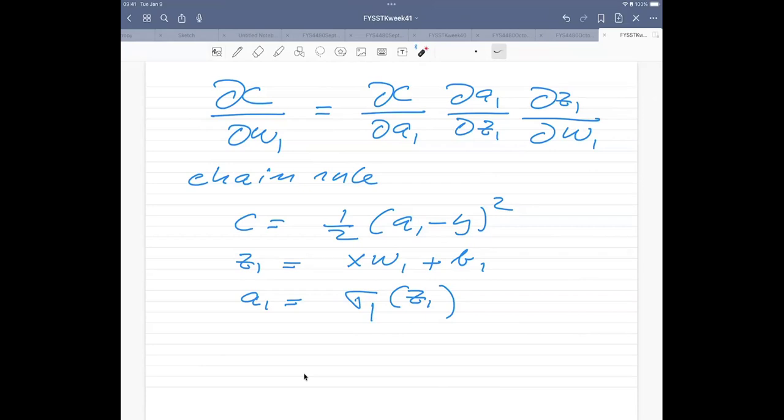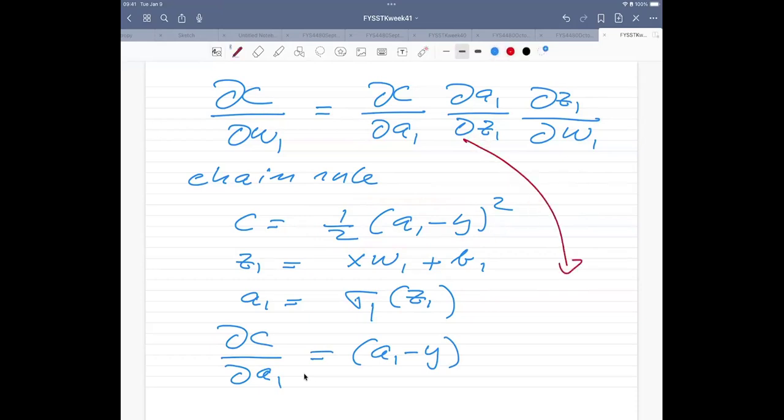If you now look at the expressions here and compute the different terms, I have dC/dA1. That is nothing in this simple example other than A1 minus Y. Then this other quantity is nothing but d sigma 1 with respect to dC1.